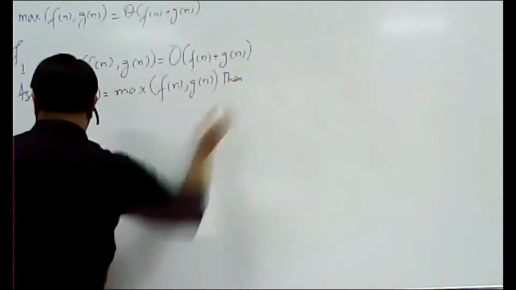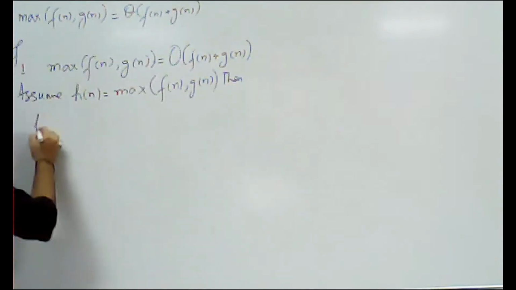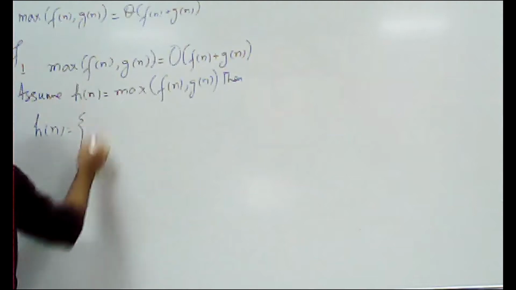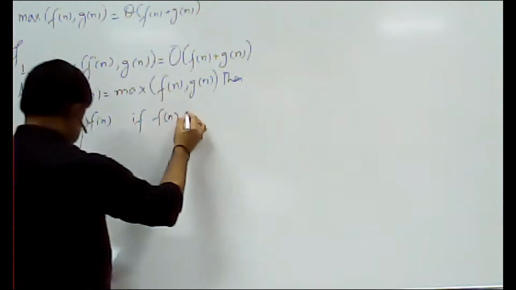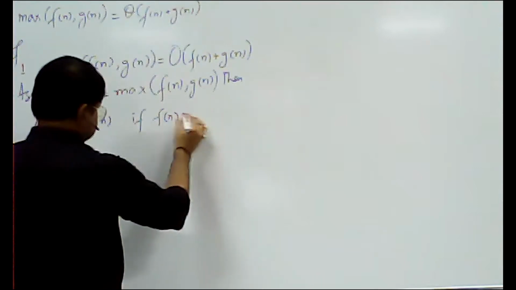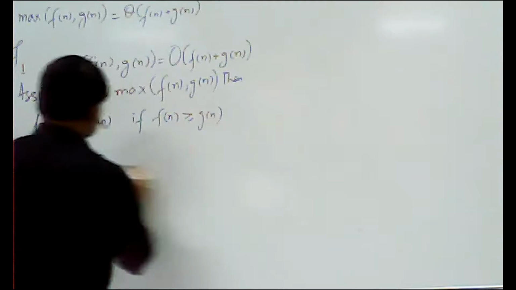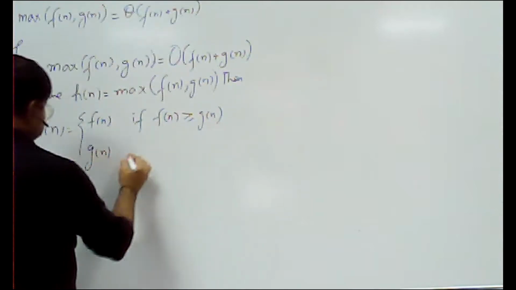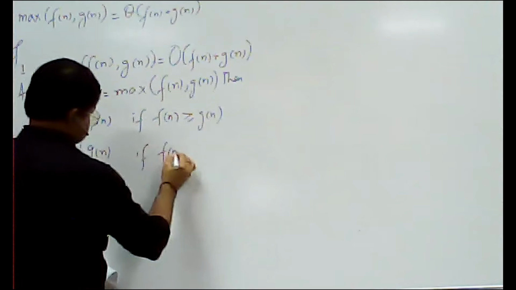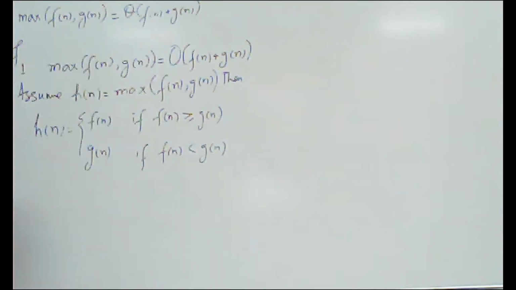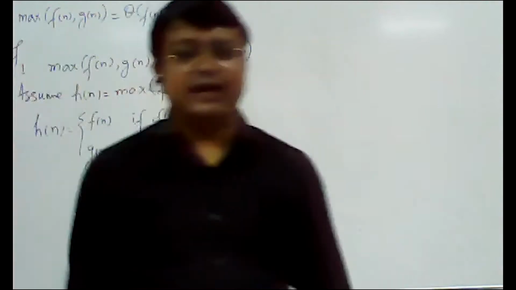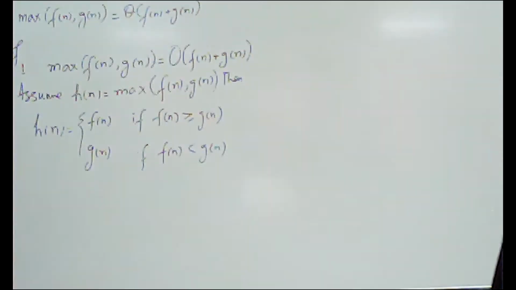Then see here, what is the meaning of this? Suppose we are representing max of f(n), g(n) by h(n). So it's obvious that h(n) will be f(n) if f(n) is greater than or equal to g(n), and it will be g(n) if f(n) is less than g(n).